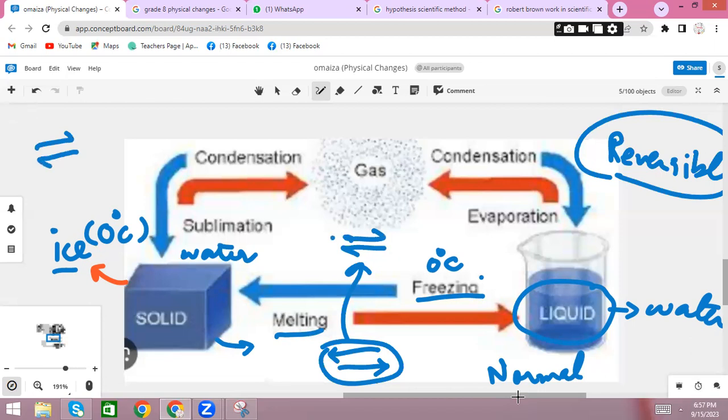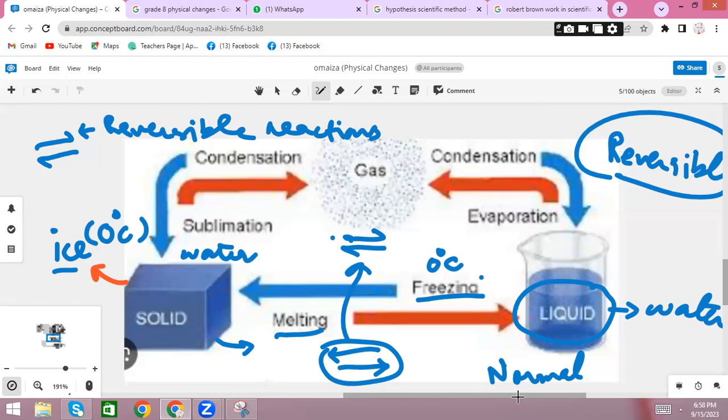So this is used for reversible reactions. It means the reaction is in both directions. If you are converting water into ice, you can easily convert it back, like you can convert ice back into water. So the reaction which is occurring in both the steps is known as the reversible reaction.